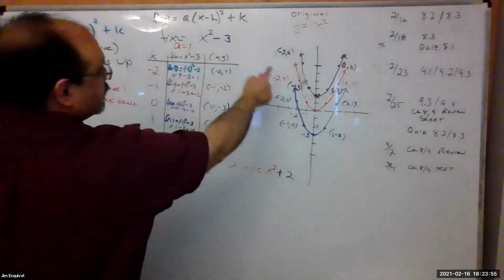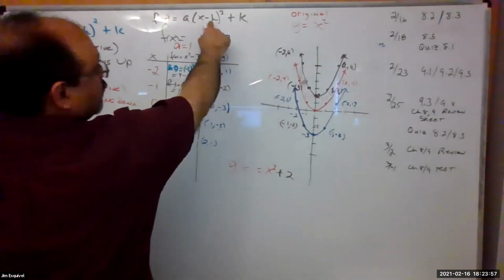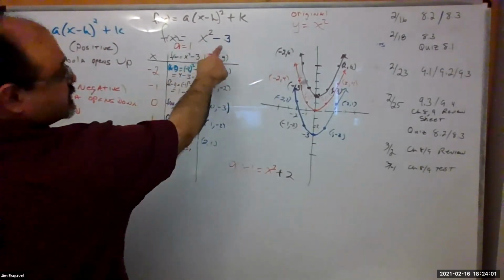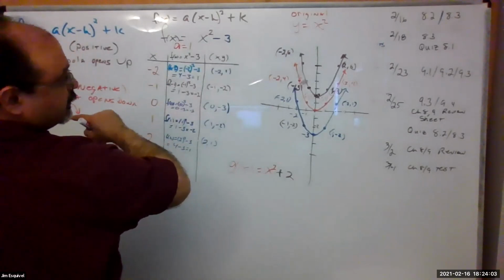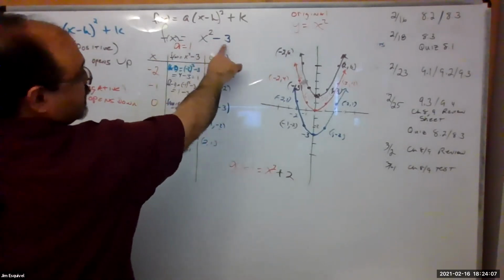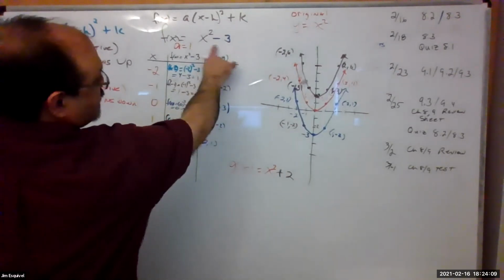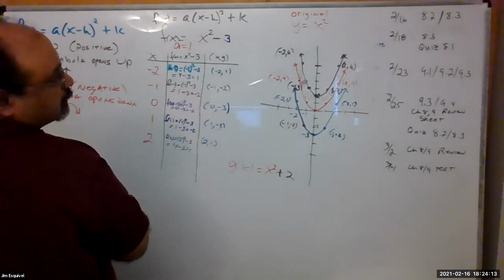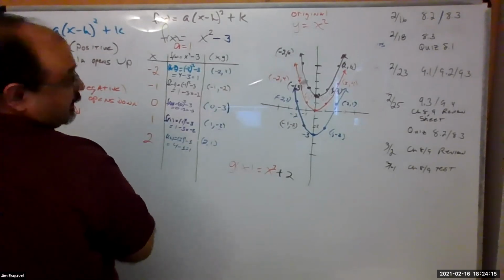But now, what do we have left? We have h and we have k. So what is that 3? Or in this case, what is this thing? Is this possibly h or is this possibly k? Would it be k? Exactly.